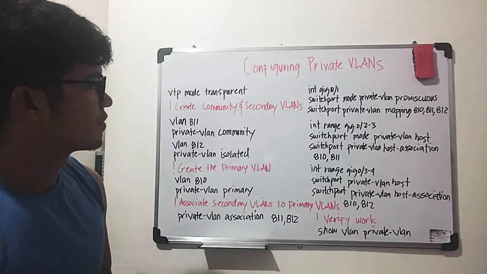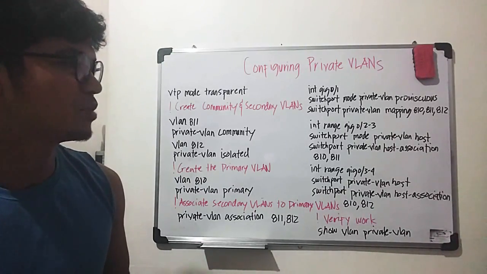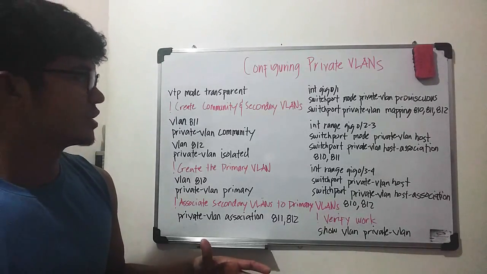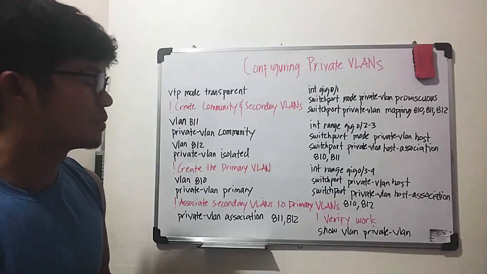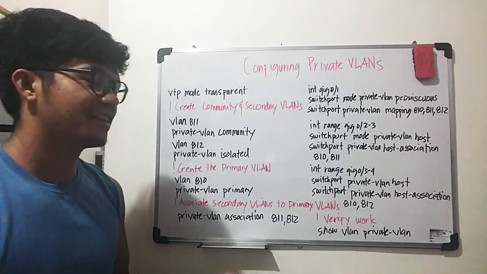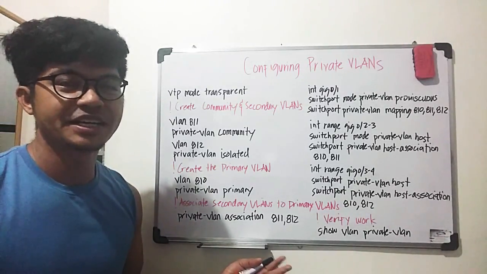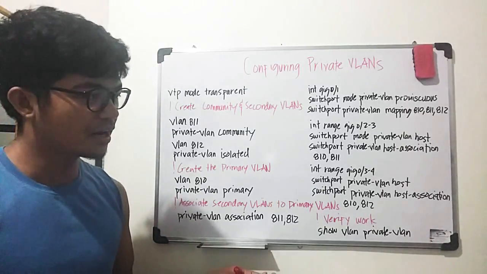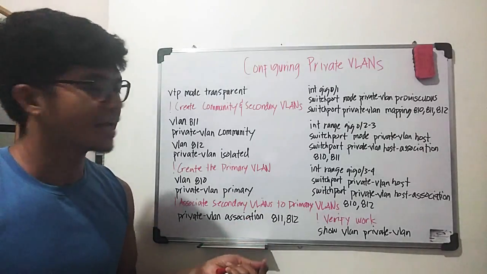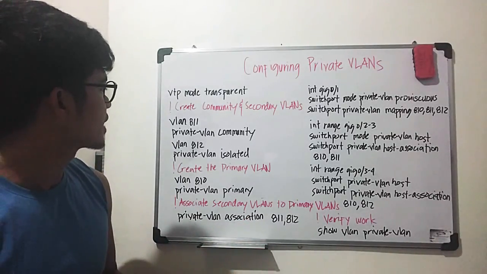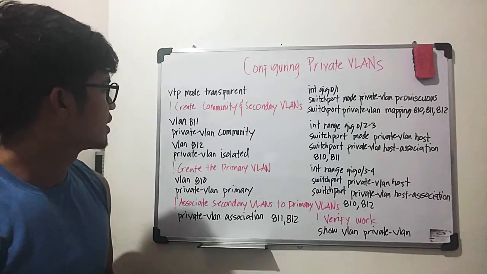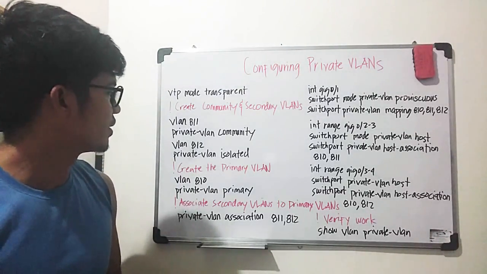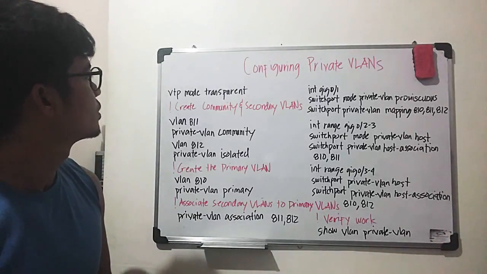In the last video, I had a picture where two servers are in VLAN 811, and the host is in VLAN 812. I'm not too sure, but I think that's right. So in this case, VLAN 11 is the community VLAN and VLAN 12 is the isolated VLAN.